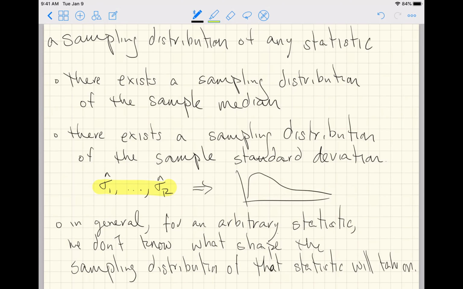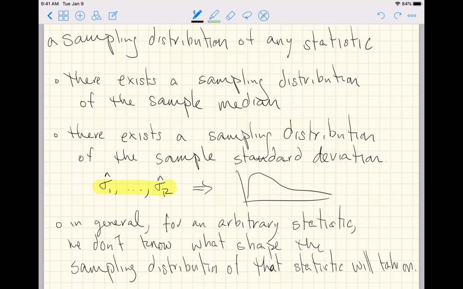In general, we can't say what the shape of the arbitrary sampling distribution for a particular statistic is. That's a really tough idea in this world of statistics. Theoretically, you and your capital R friends could go out there and get your own random sample.